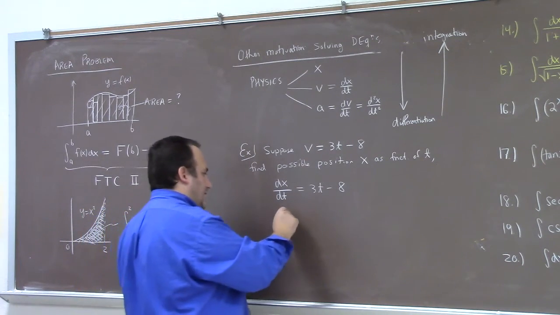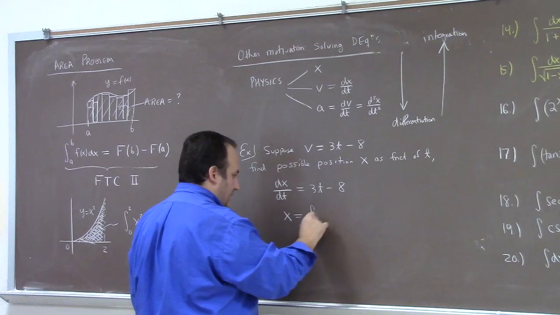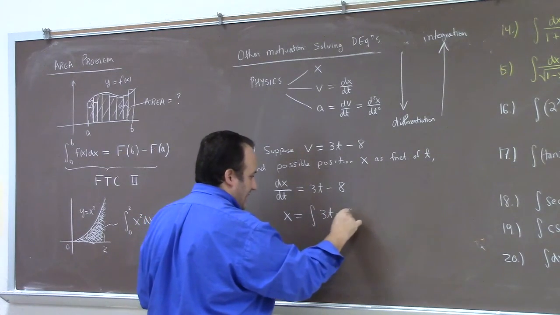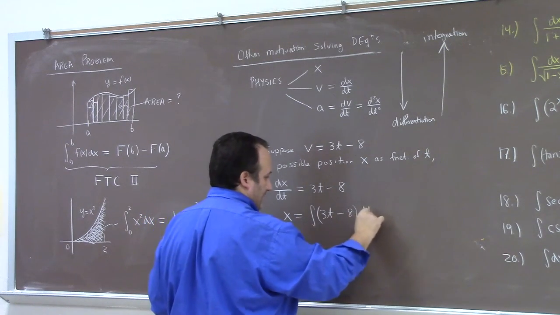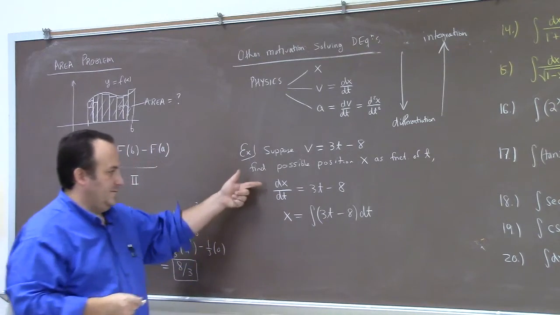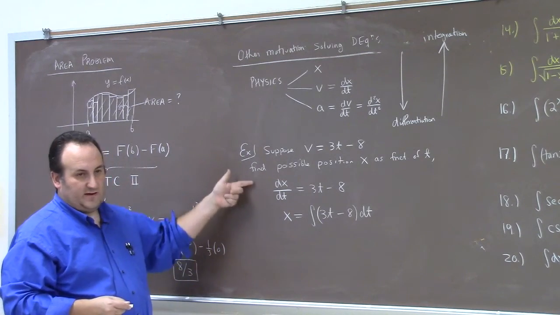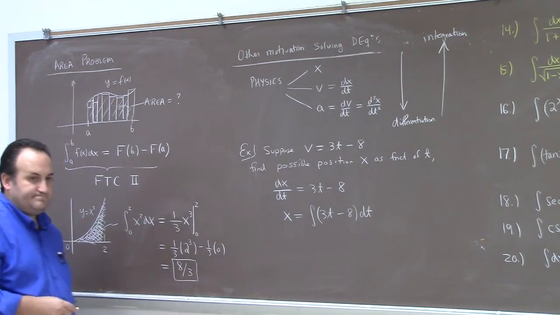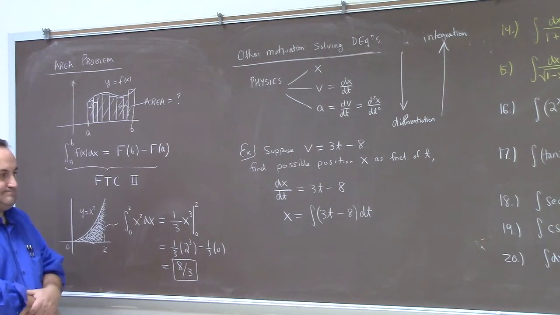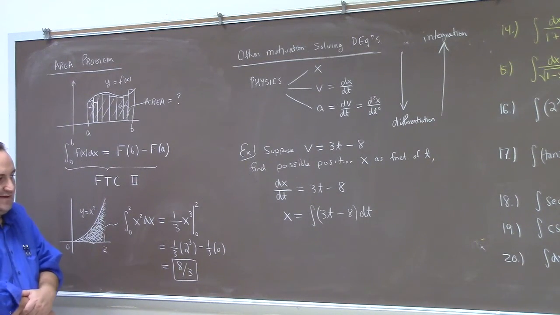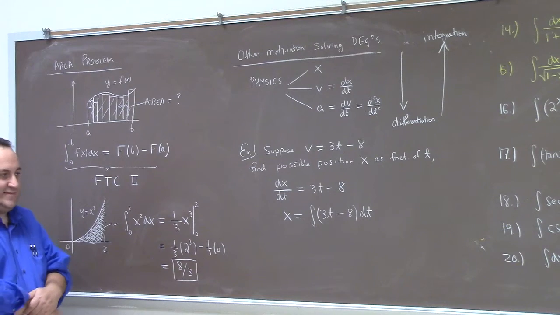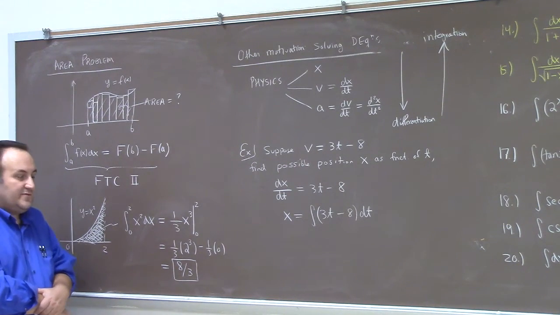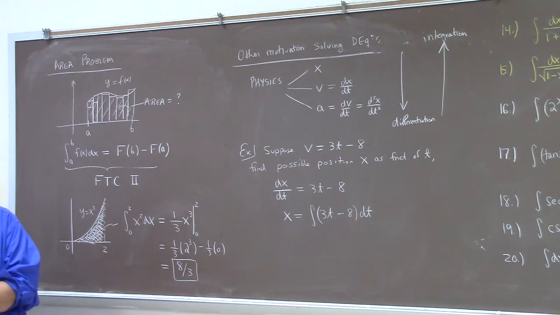So x is going to be the integral of 3t minus 8. This and that are logically equivalent, because to say that x is the integral of 3t minus 8 is to say that x is the function that when differentiated gives you 3t minus 8.